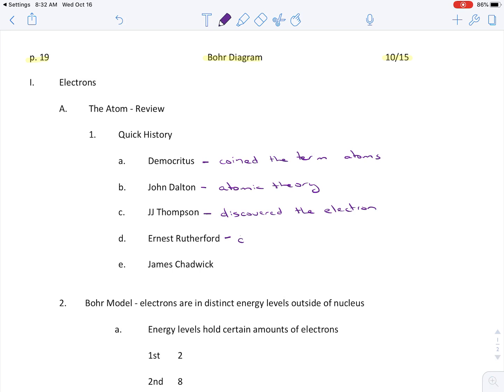Ernest Rutherford discovered our nucleus. And he did the gold foil experiment. He shot alpha particles through gold foil. James Chadwick came a bit later, but he discovered the neutrons.